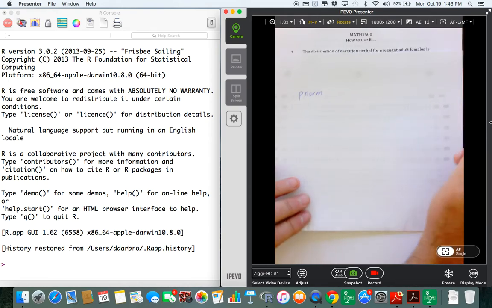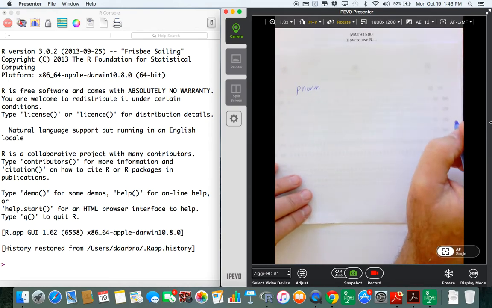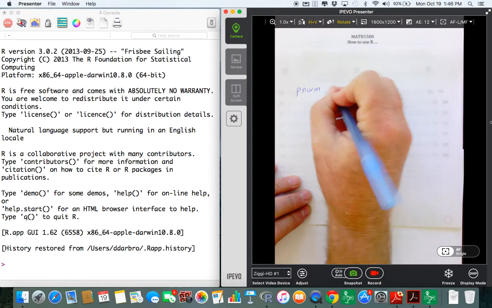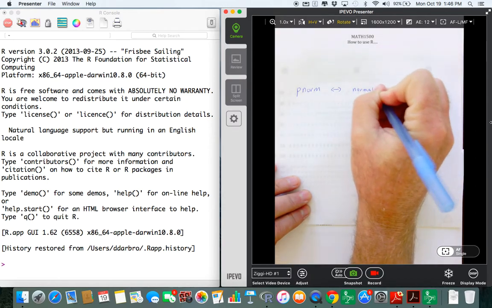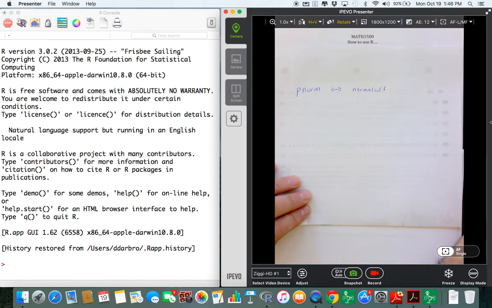pnorm corresponds to the normal CDF key that we use in our calculator.